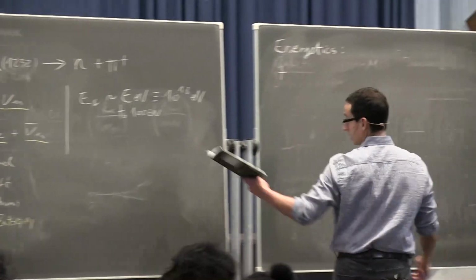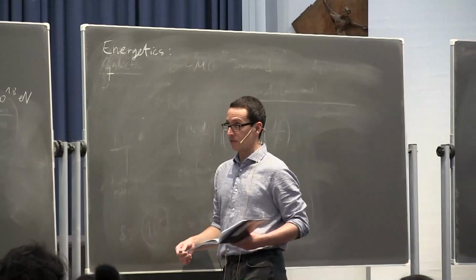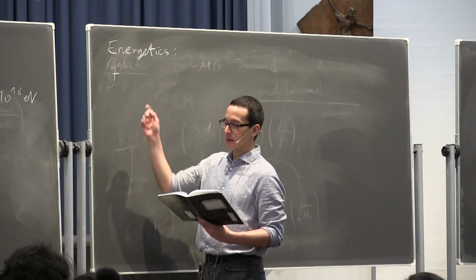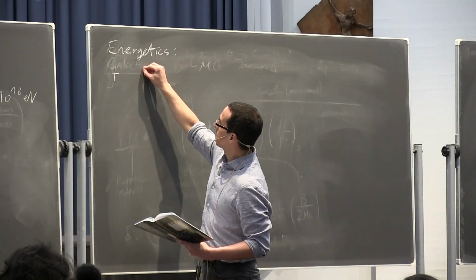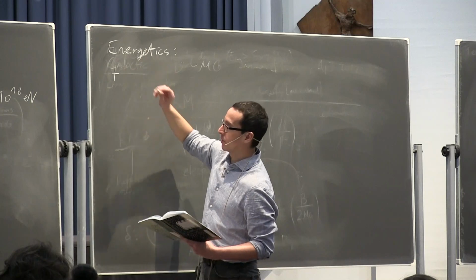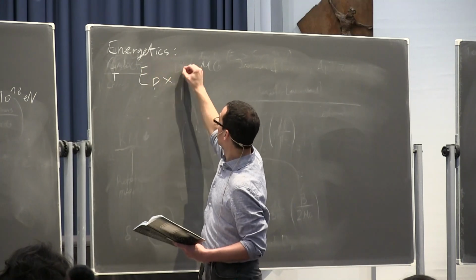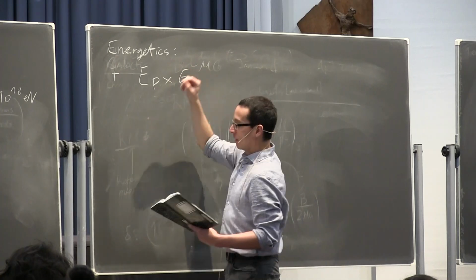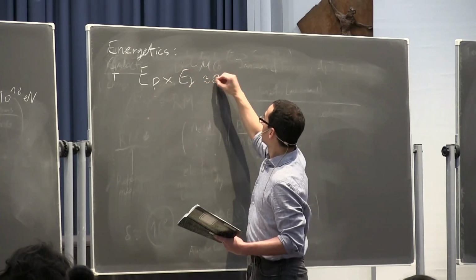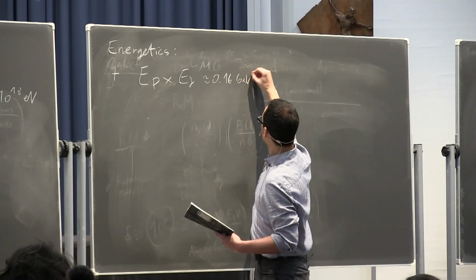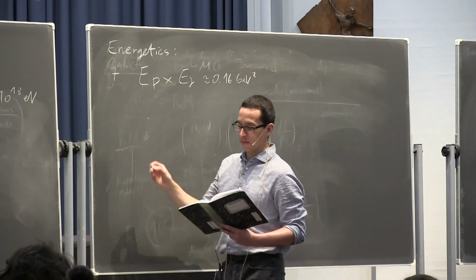So that delta resonance has a mass of 1.232 GeV. That's what the 1232 means. And that imposes a condition for the creation of that particle on the proton and the photon energy of about 0.16 GeV squared. So there we go.